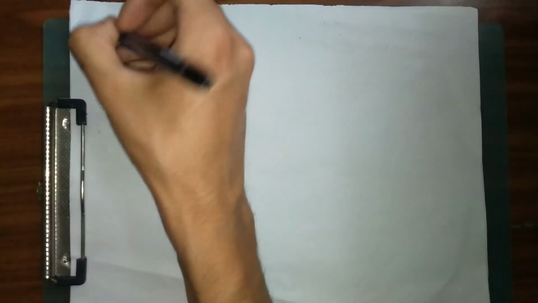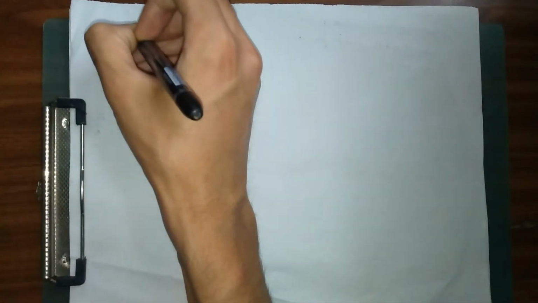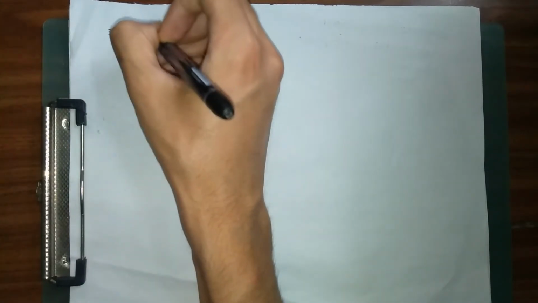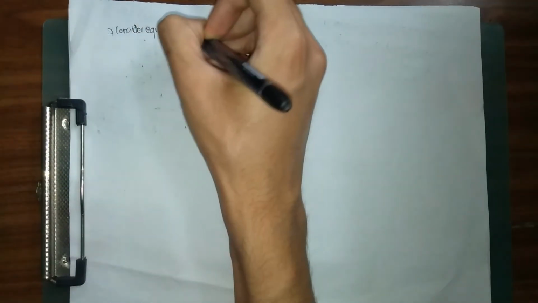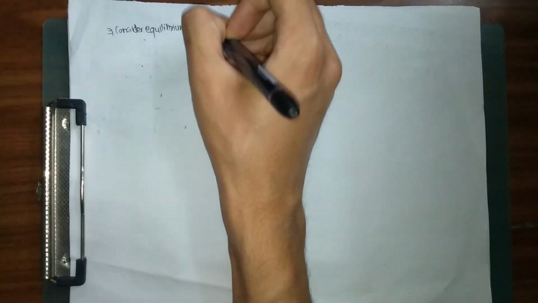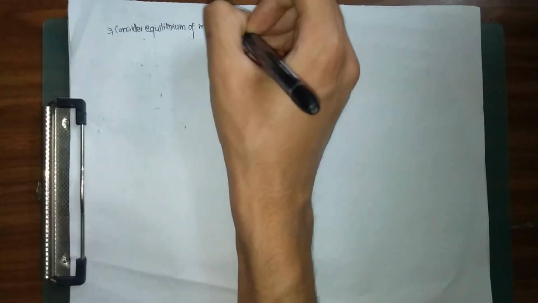So our first and foremost step: let me write over here, consider equilibrium of member BF, and we're going to draw our figure of member BF.